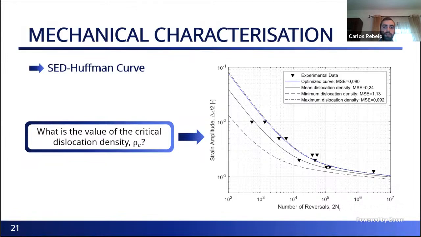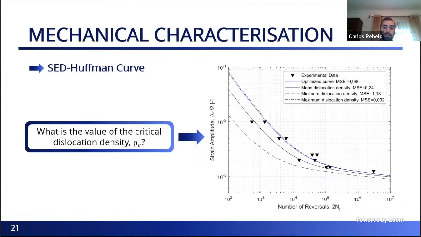In order to determine the curve of the Huffman model, it is necessary to know the value of the critical dislocation density. However, it is not possible to determine this value using X-ray diffraction analysis. Therefore, 3 curves were determined, considering the minimum, average, and maximum dislocation density value, and the respective mean square error (MSE) was calculated.